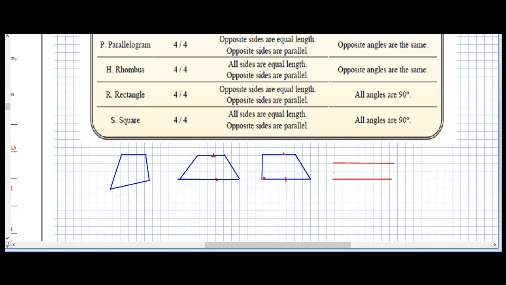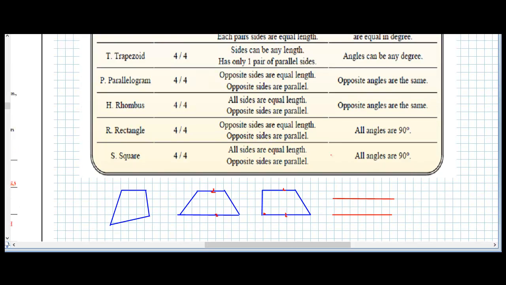If they meet, the window will be closed, it will crash. Okay, so if I have 2 lines parallel to each other, these sides are parallel. So a trapezoid has only one pair of sides parallel.